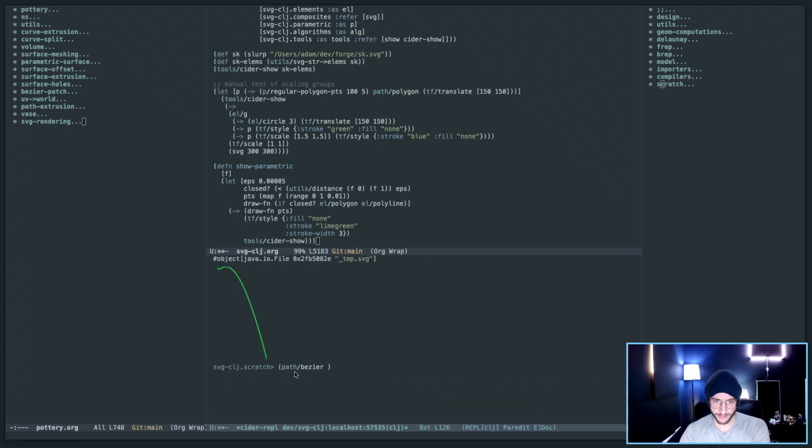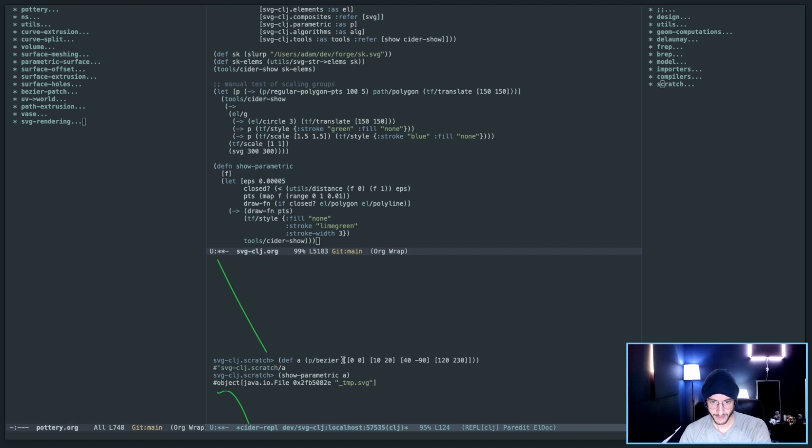So let's do pathbezier. We just want to make sure that it is rendering the same way.